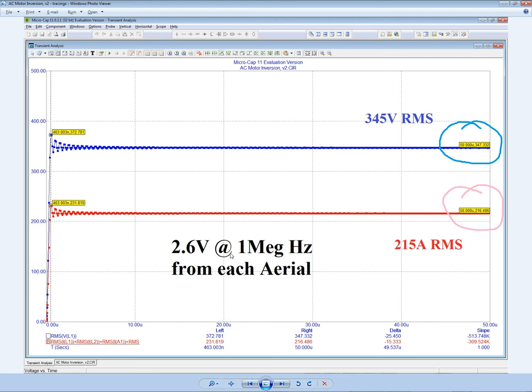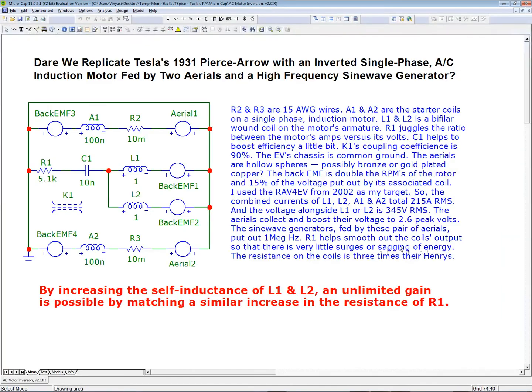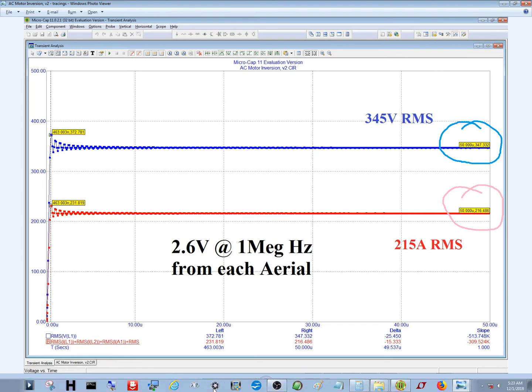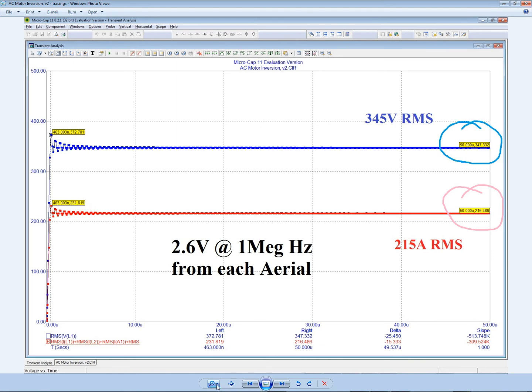Now, in order to get 215 amps RMS, though, I have to combine the current, the amperage of all 4 coils as a raw feed into this tracing, at which point I then tell the tracing to take the RMS value of the summation of all those 4 values. And that's what I did down here.